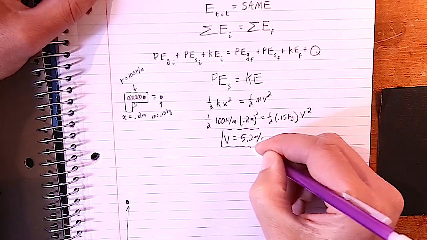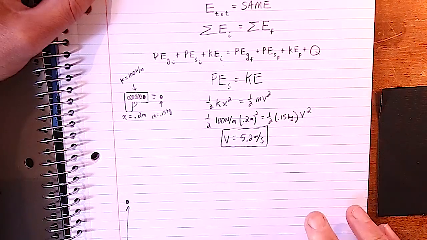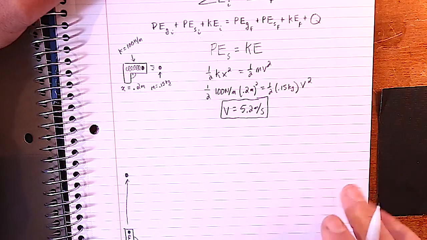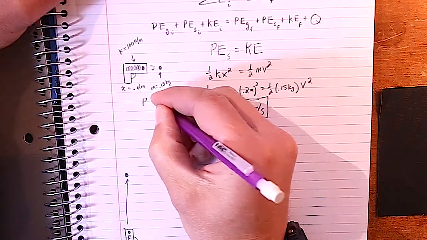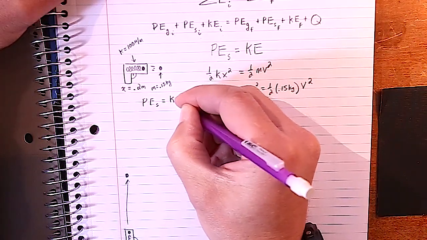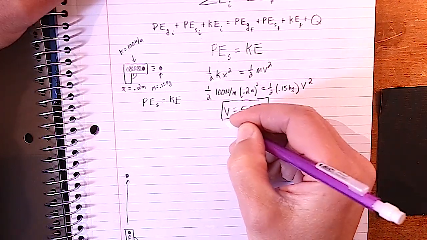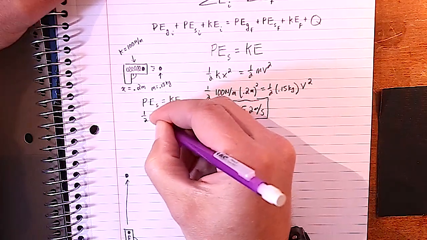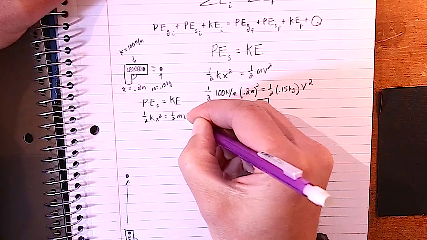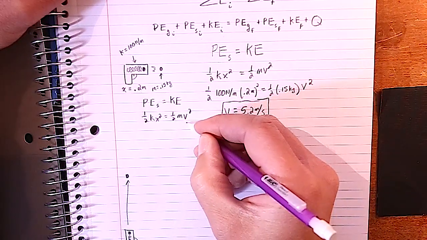Now, that's a pretty common question to get asked, but they may also ask you to do this as a derivation. If we were to do this as a derivation, we would start the same way. We would say all the spring energy turns into kinetic. 1/2 kx squared turns into 1/2 mv squared, and then we're going to solve for v.